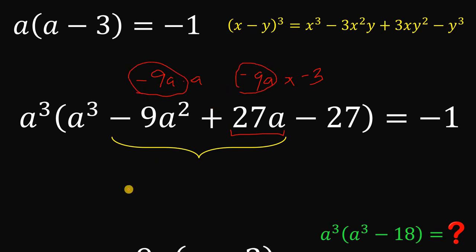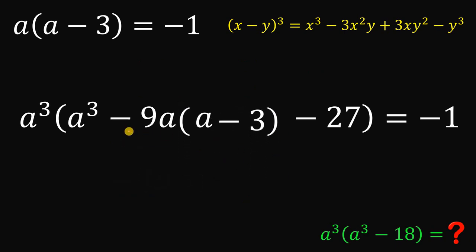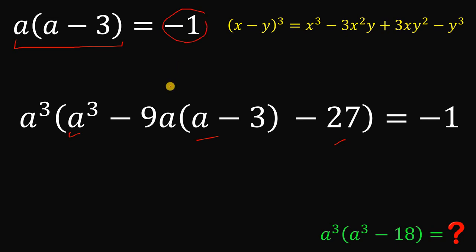If we do that, we get negative 9a multiplied by a minus 3. So we can replace this in our expression like this. So we have now a cubed multiplied by the quantity a cubed minus 9a multiplied by a minus 3 minus 27 equals negative 1. But take note, a multiplied by a minus 3 is just negative 1.